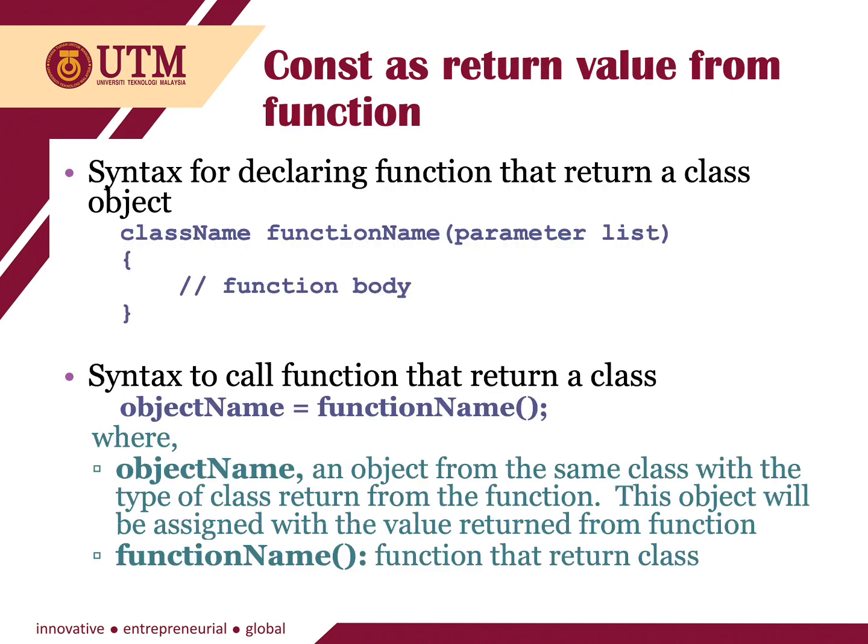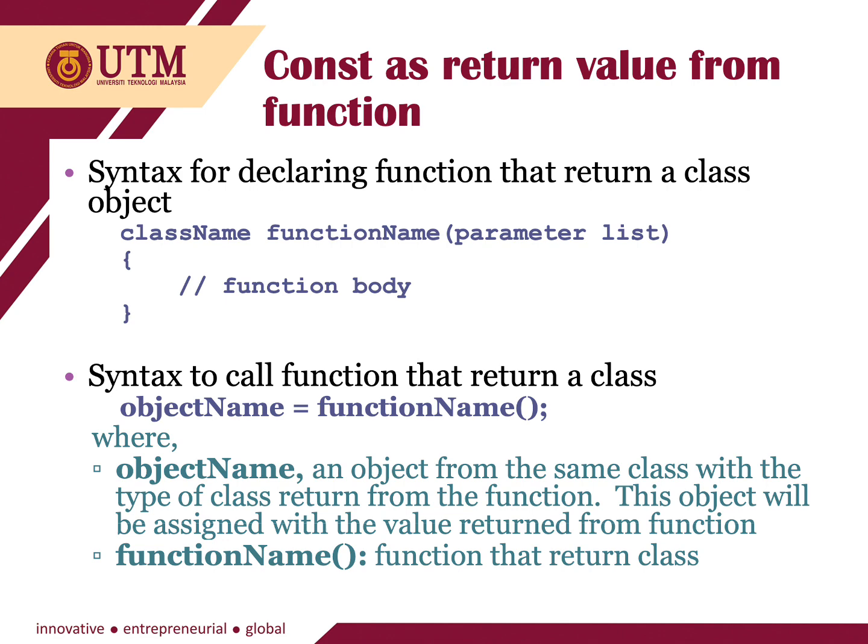Okay, next we have the class as return value from functions. So these are the syntax for declaring function that returns a class object, right? So let's see, here we have our function name and this is our parameter. So syntax to call function that returns a class: our object name is equal to our function name.